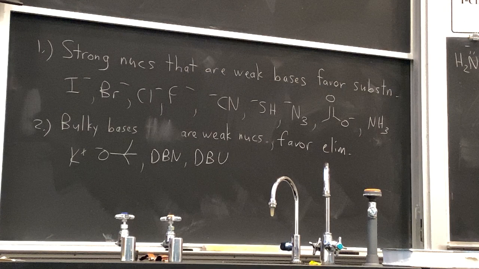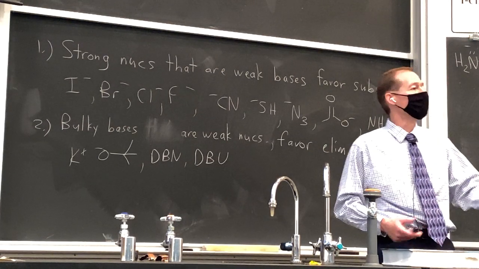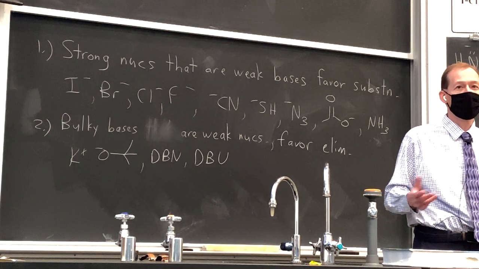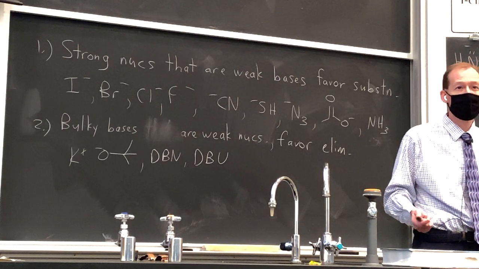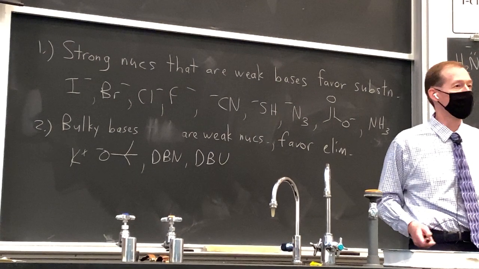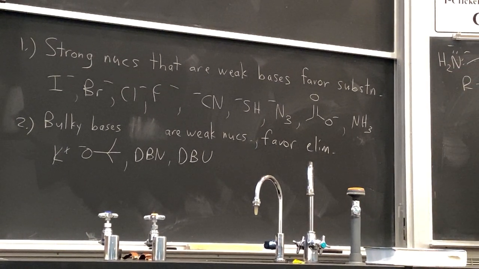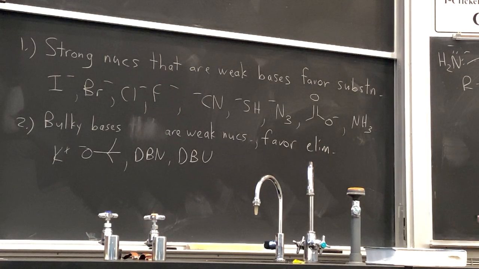If you have a methyl halide, iodomethane, bromomethane, our least hindered alkyl halide, you can't get less hindered than that. And there are no beta hydrogens. So the only possibility of a reaction is substitution. That's the only time. If it's a methyl halide, you would see substitution. In all other cases, you'll see elimination.